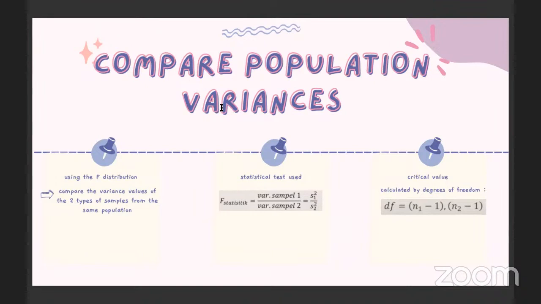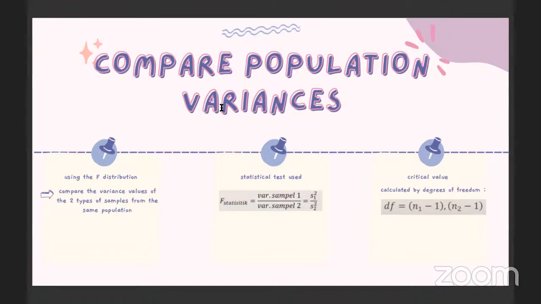Comparing population variances means that we take several samples from the same population, then compare whether the variances are the same or different. There are three uses in comparing population variances. First, using the F distribution to compare the variance values of two samples from the same population.